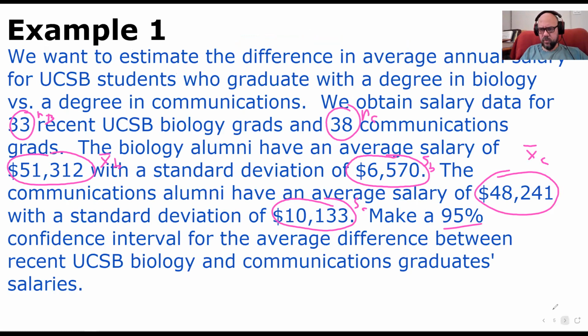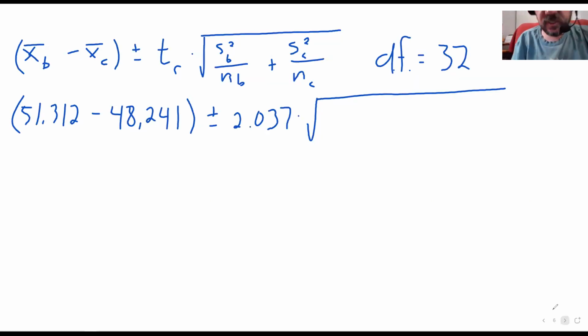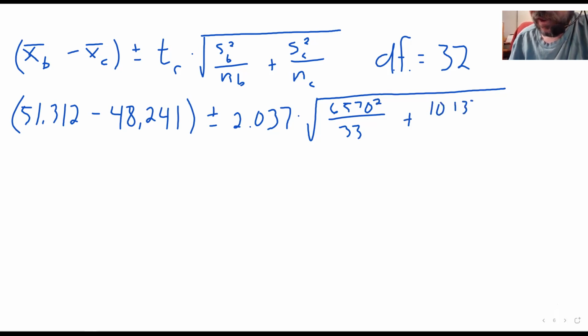The other one was 10,133. So we're going to have 6570 squared over 33 plus 10,133 squared over 38. So there we go. Same thing as before: point estimate plus or minus critical value times standard error, right? And that's how we're going to make all of our confidence intervals.